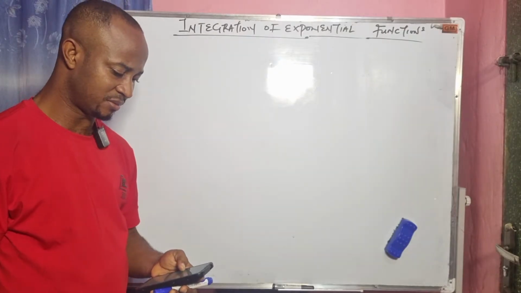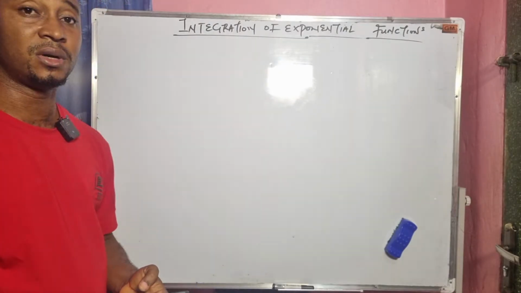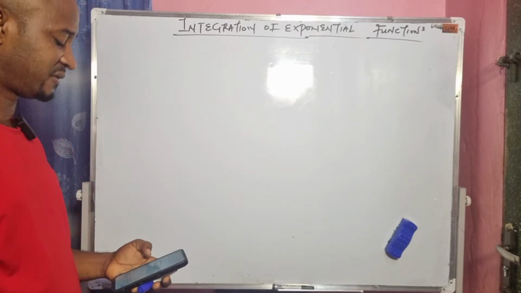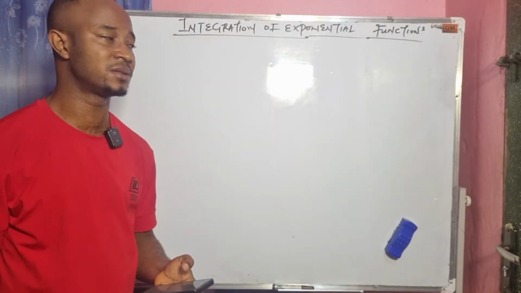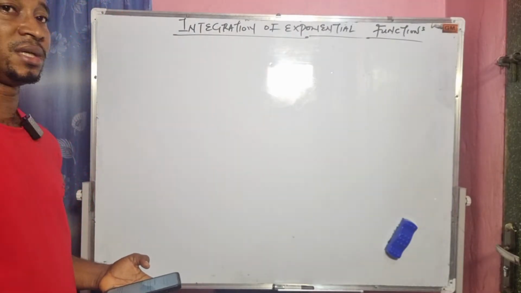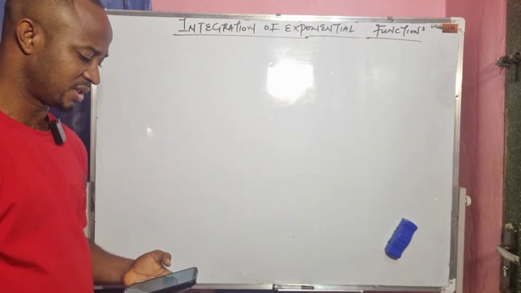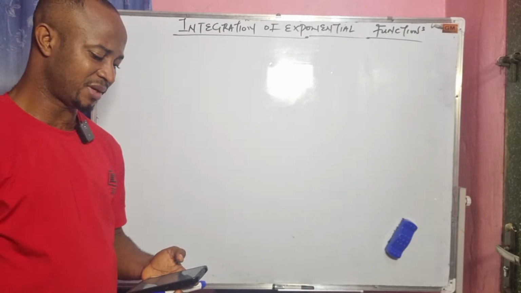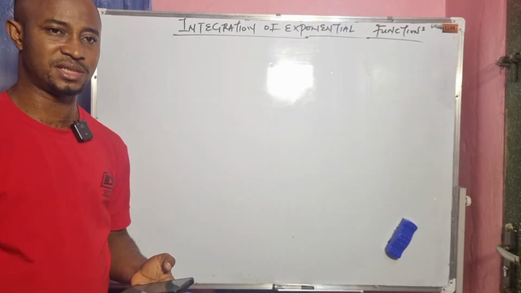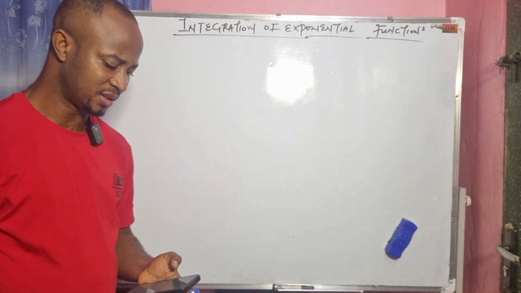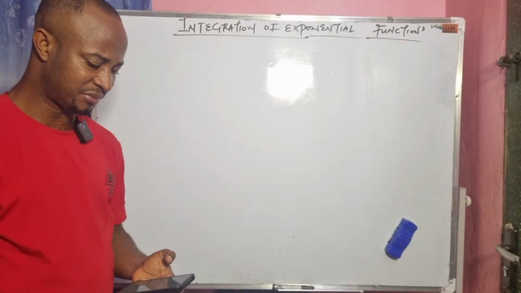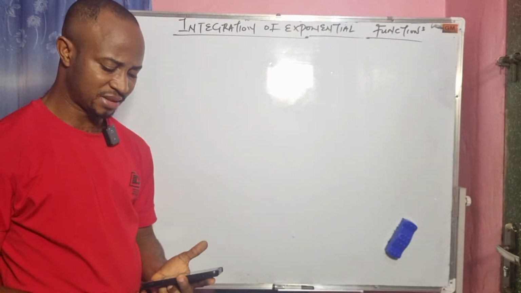examination standard problems. All right, so what is an exponential function? I will just give a brief definition, then we proceed into what we have for today. When you hear the word exponential function, it's a function in which the variable appears in the exponent.